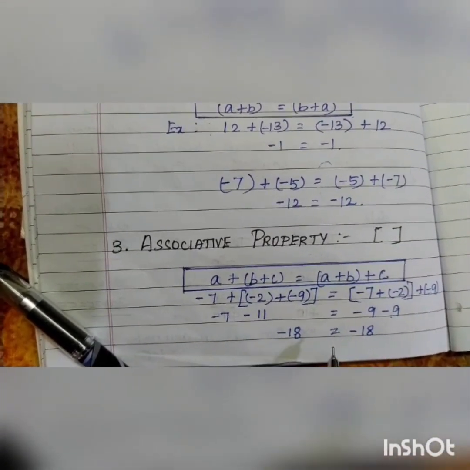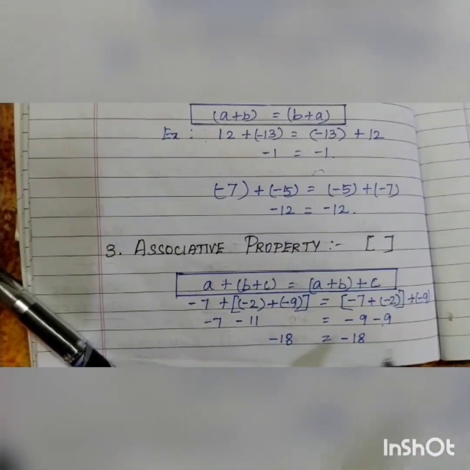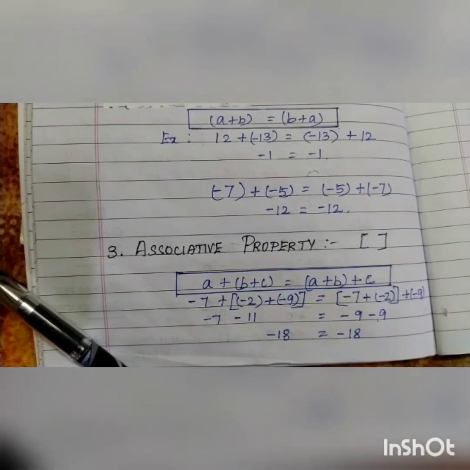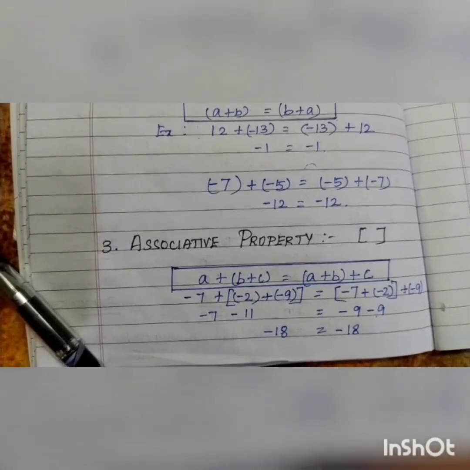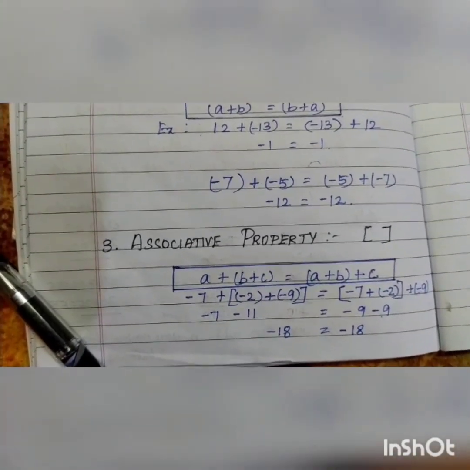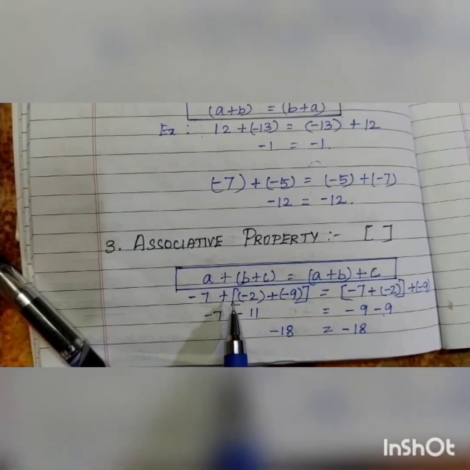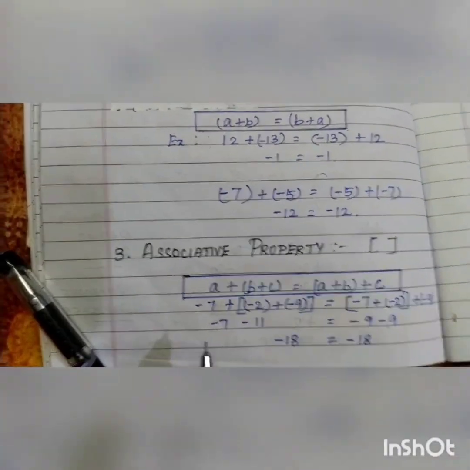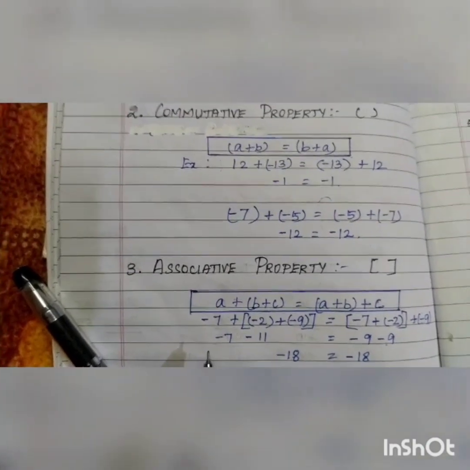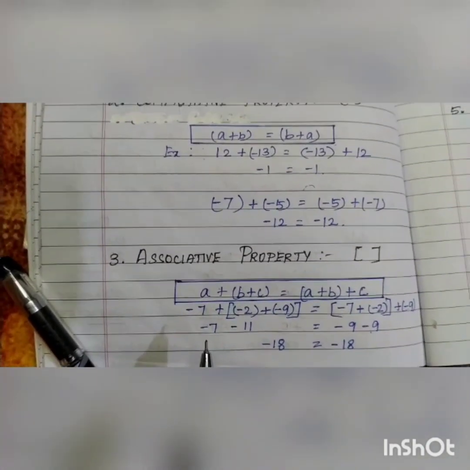Now I get minus 18 as the answer on both sides. Are you clear in this? This is called the associative property. Wherever you see this bracket, it is an associative property.